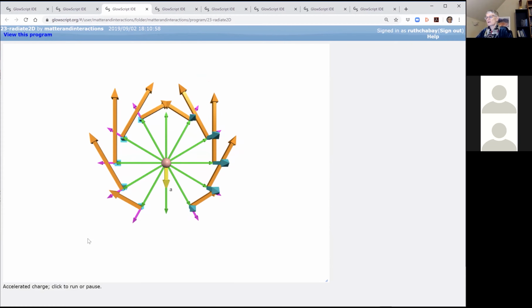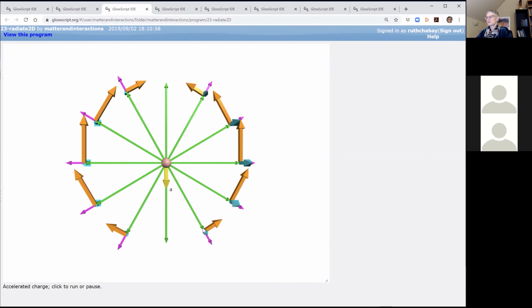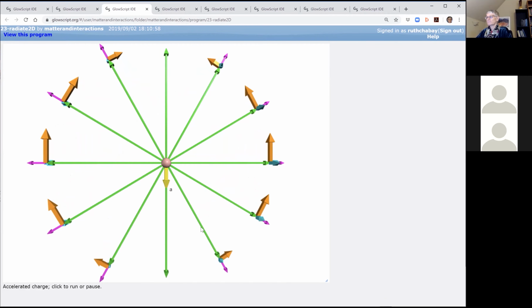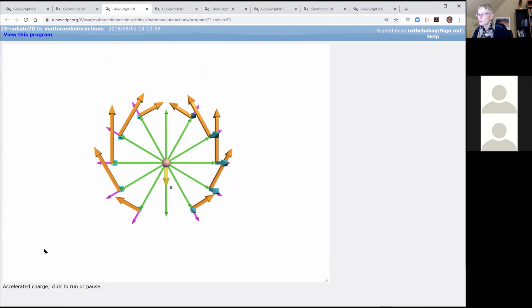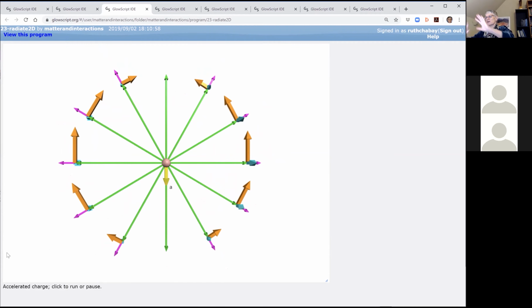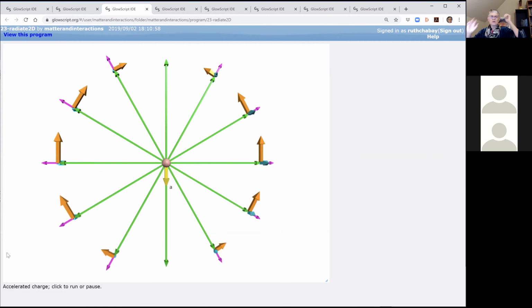And you can see that in this case, that direction is actually just the same as R. And again, we see that the magnitude of the electric field is largest along a line perpendicular to the direction of the acceleration, and the magnitude of the fields is actually 0 in the direction of the acceleration. So we'll run that one more time, and that's just the 2D slice through that complex 3D pattern.